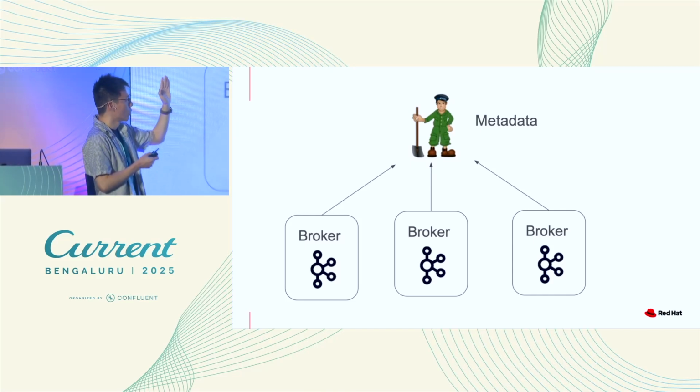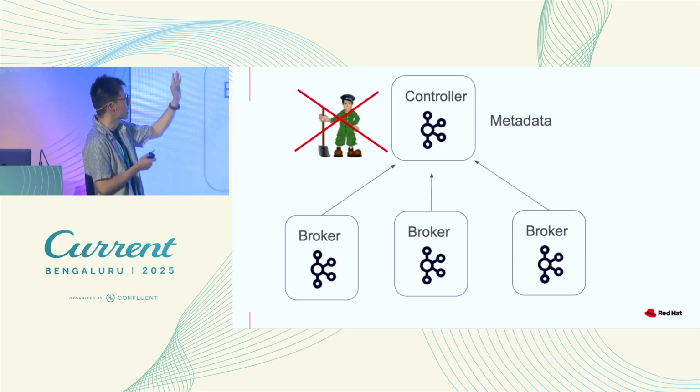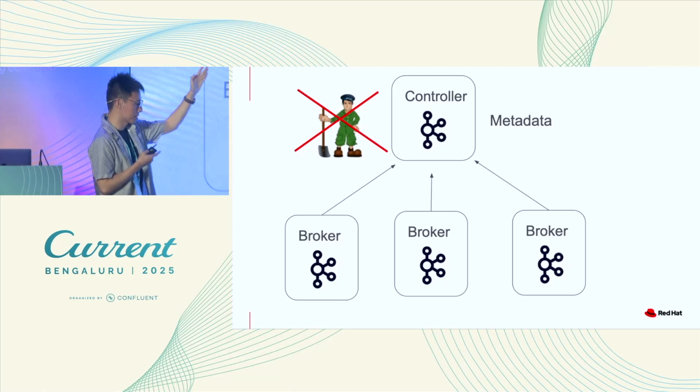And what if ZooKeeper is removed? It looks like this. We replace ZooKeeper with another Kafka node with the role of controller. So with that, the metadata is stored in another Kafka node.